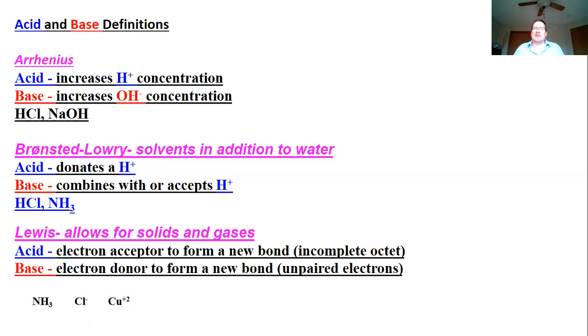It changed it. With Arrhenius, acids increase the hydrogen concentration in solution when I throw an acid in, and bases increase the hydroxide ion concentration. It focused just on the hydrogen. So the Bronsted-Lowry theory, when you're adding things to water, really talks about the hydrogen in it.